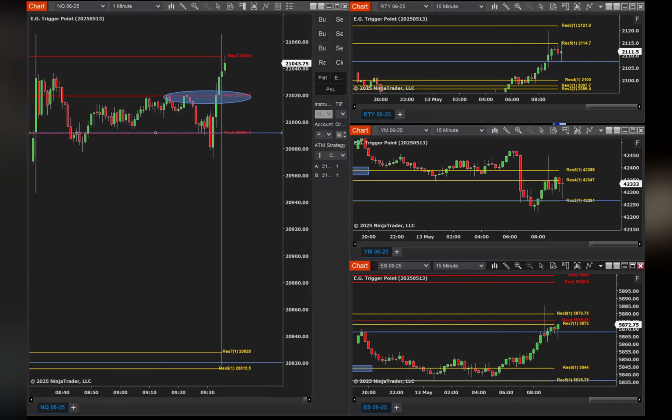NQ wants to go down since it hit its resistance. ES wants to go up since it hit its support. They are highly correlated. At this point, they disagree. This is the contradiction. And what is the result of contradiction? That one of them will break its level, since they have to follow.